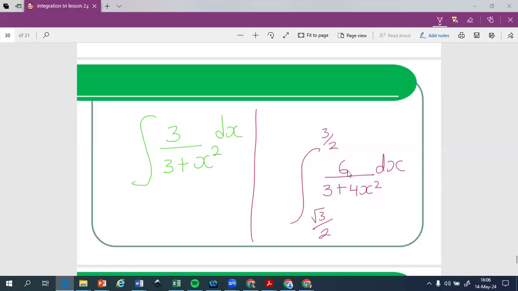Let's hope everyone is trying. Robinson, the limits are root 3 out of 2 for the lower limit, and then the upper limit is 3 out of 2.